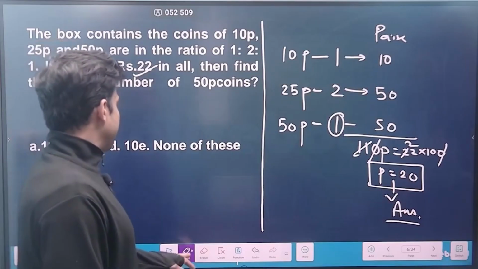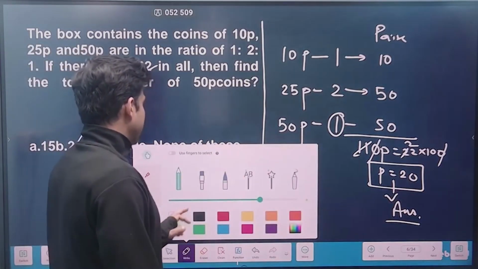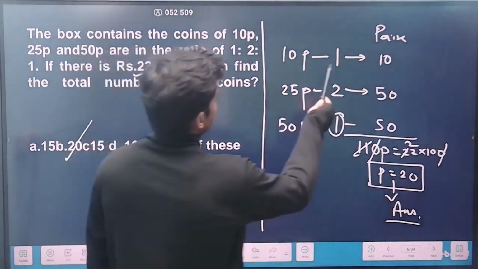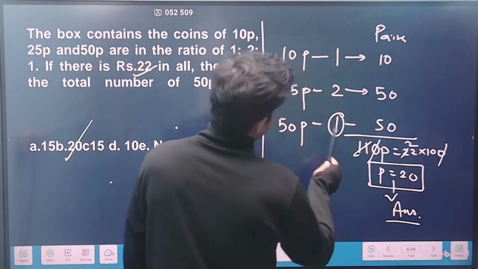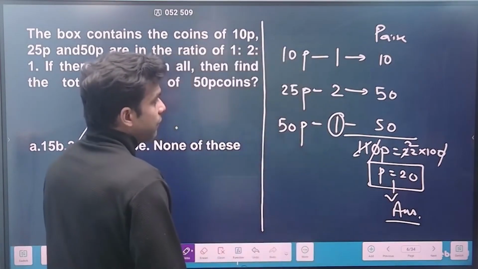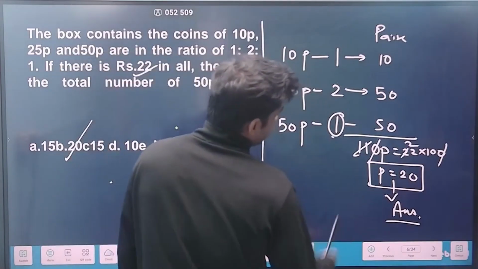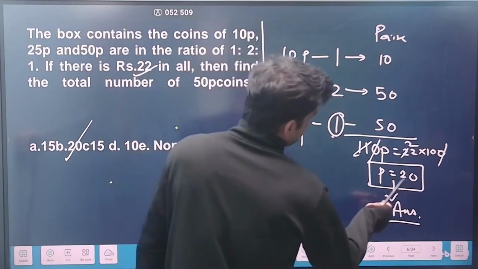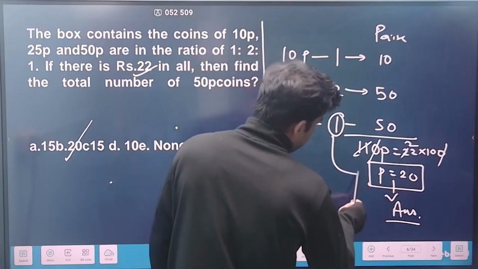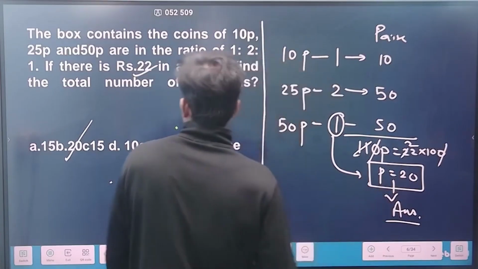So again, I'm explaining this part. We are having 10 paise one coin, 25 paise two coins, and 50 paise one coin. How many 50 paise coins are we having? We are only having one coin of 50 paise, and the value is 20, so 20 is the answer.